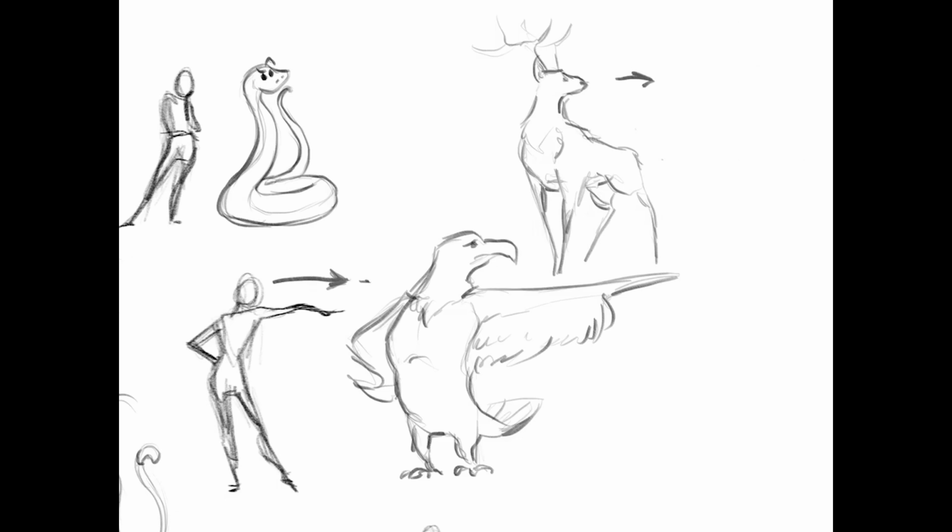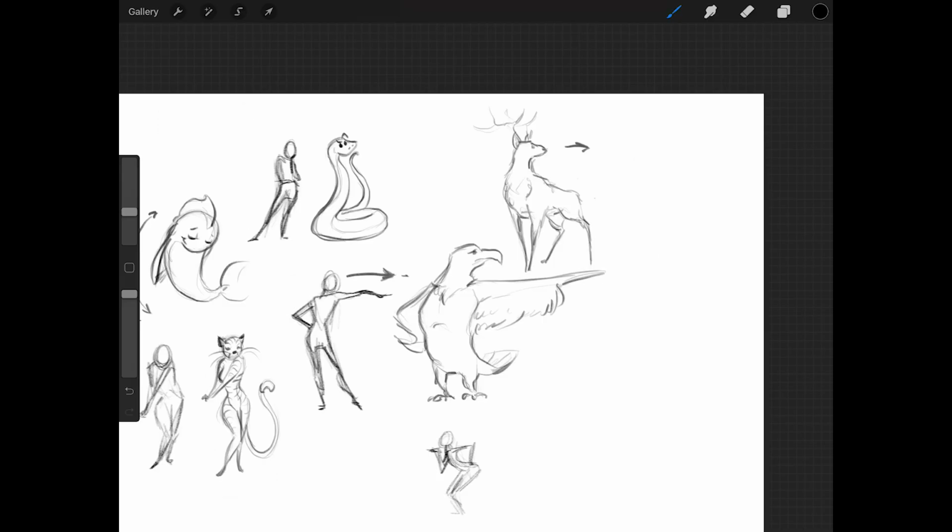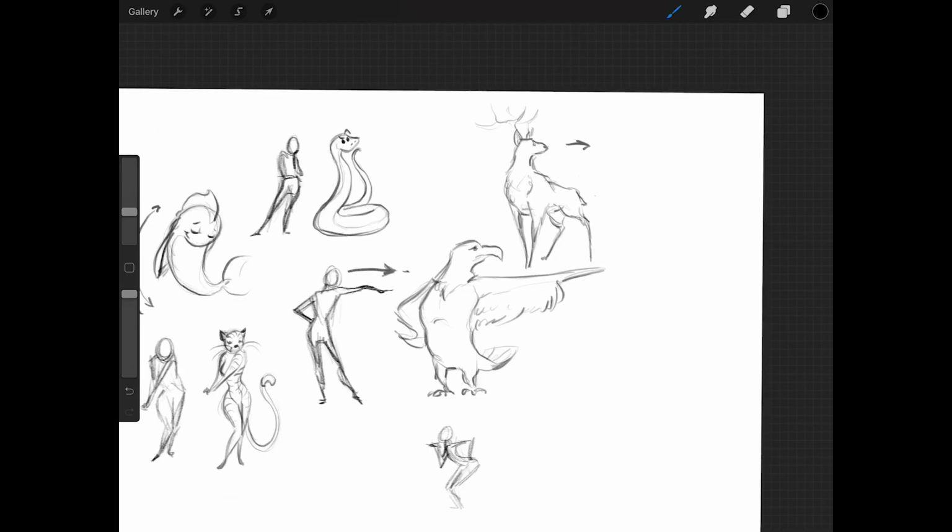So you can even keep a lot of the original anatomy and a lot of the biological rules of whatever animal you want to portray, but you still have to capture that emotion.